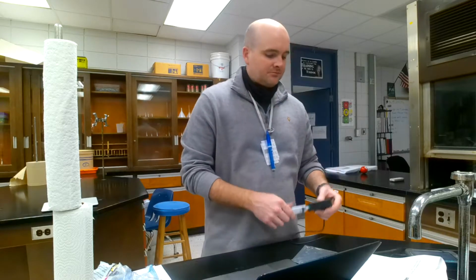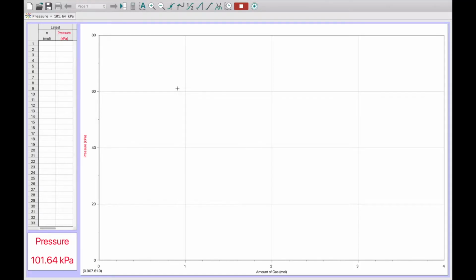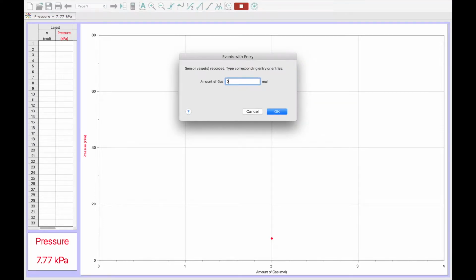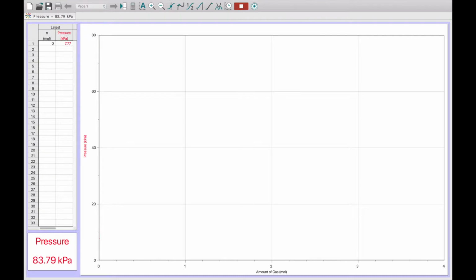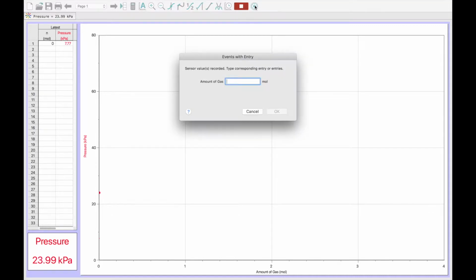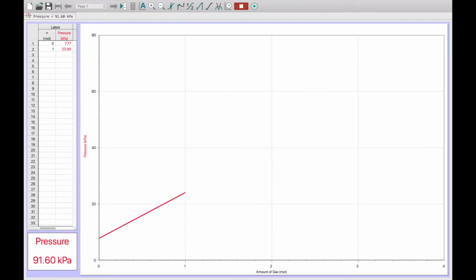Okay, check it out. So we're going to start at no moles of air, and that's what the pressure would be with no moles of air but 5 milliliters of volume. And then we're going to unplug it. We're going to set it at 1 milliliter, 1 unit of air, but 5 milliliters of volume. We'll set it at 2.